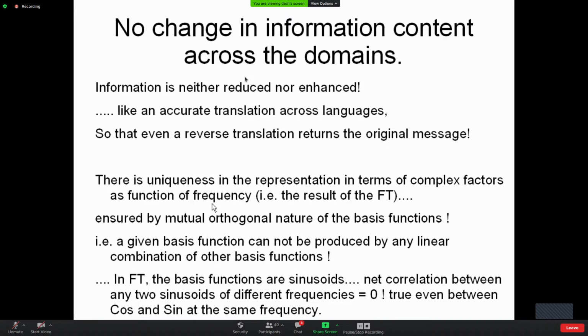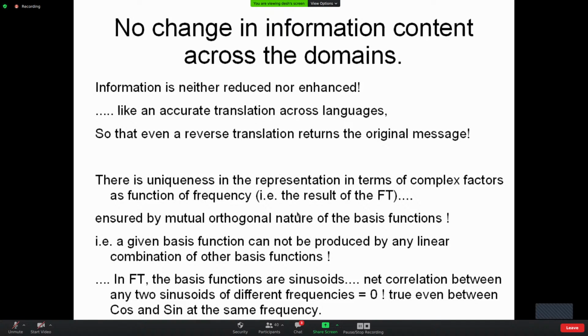And there is uniqueness about this representation. That means there is a single representation, that there are no multiple possibilities, that you will not get multiple descriptions.